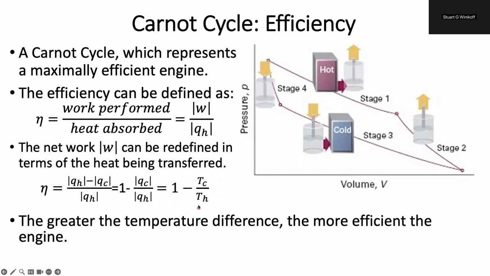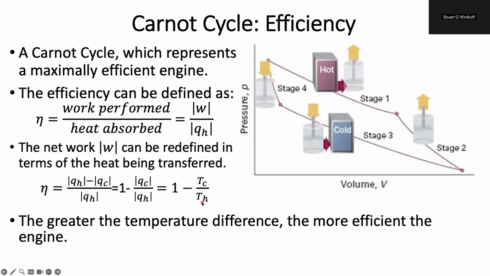What that means is if I have a very big temperature difference, so let's say I'm taking energy from the sun and putting it into, say, space, that temperature difference is going to be really big. And that means that this value will be very close to zero, meaning that efficiency will be very close to one. So a big temperature difference will get you a very efficient heat engine.